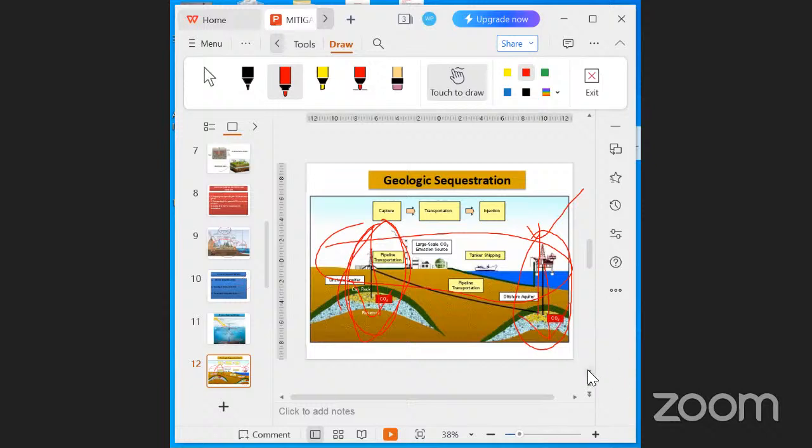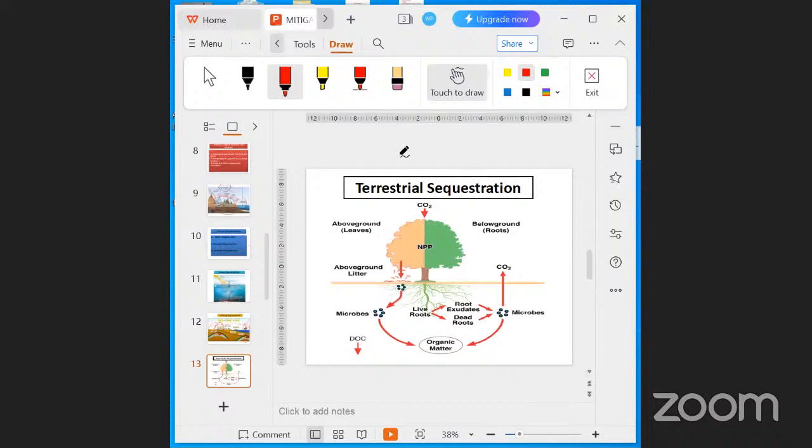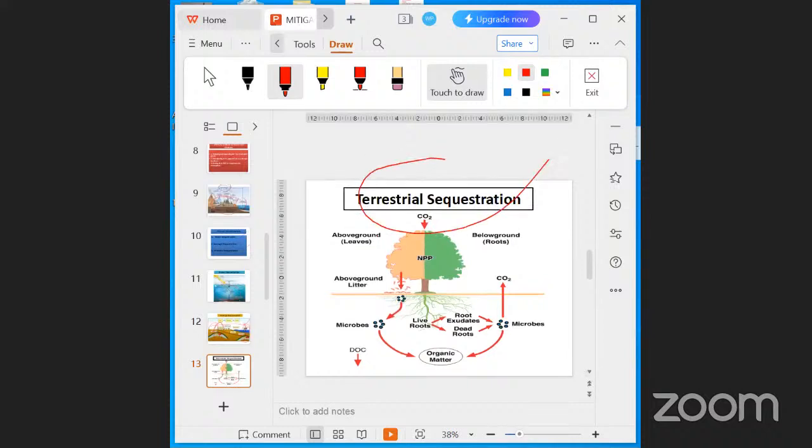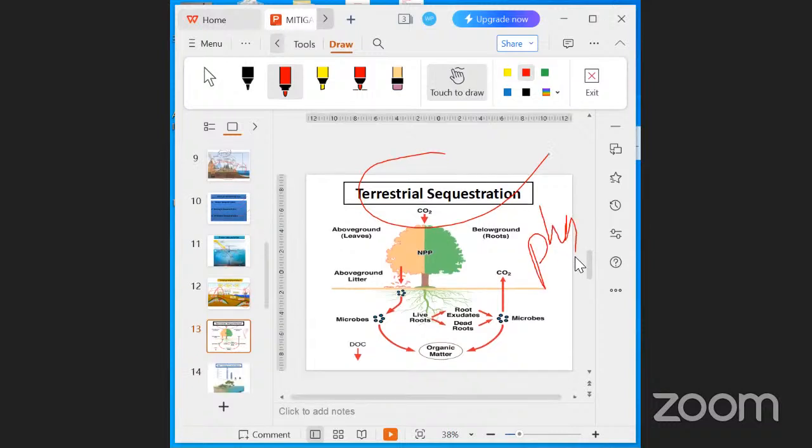The third one is terrestrial sequestration. Under terrestrial sequestration, plants during photosynthesis take in a lot of carbon dioxide from the atmosphere and store it inside themselves.